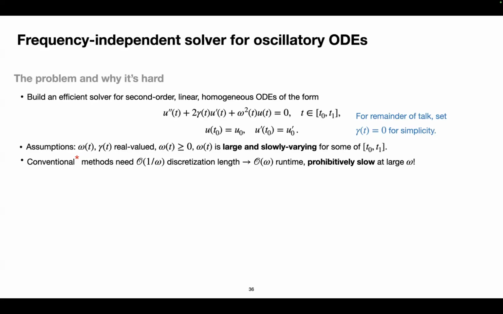So the discretization length that the method uses is going to be inversely proportional to the frequency. It's going to be shorter as the frequency grows, and this results in more computational effort. In fact, it makes solution with these naive methods prohibitively slow at large frequencies.